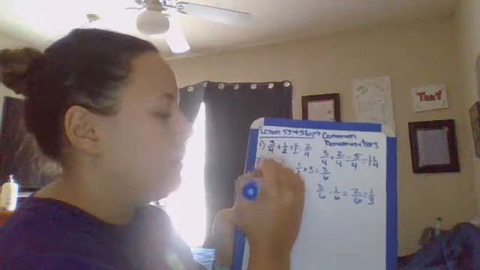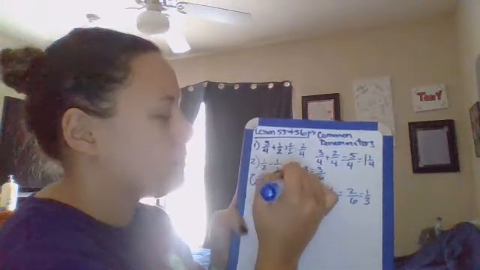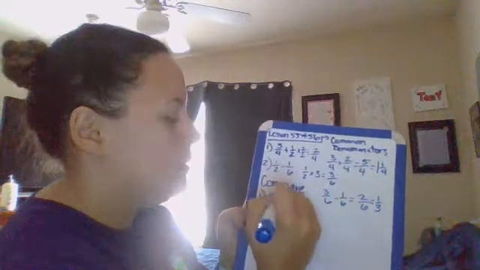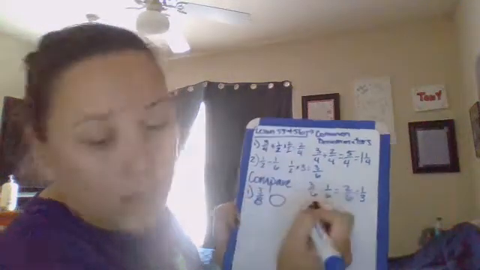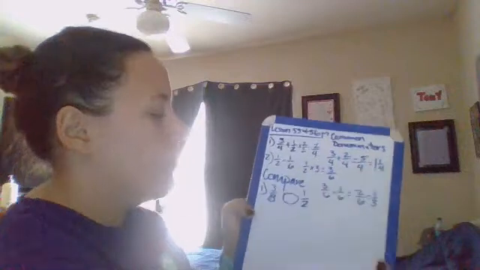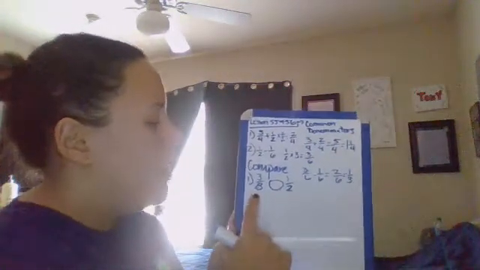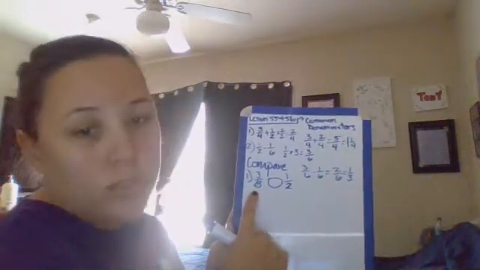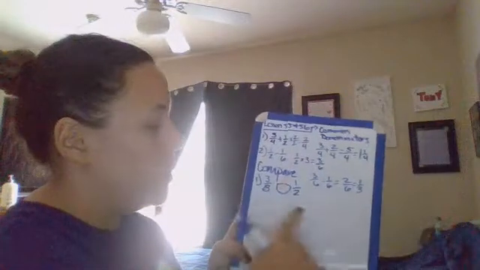So we are going to compare 3/8 and 1/2. So we need to know whether one is greater than, equal to, or less than the other. That's what we're working on.